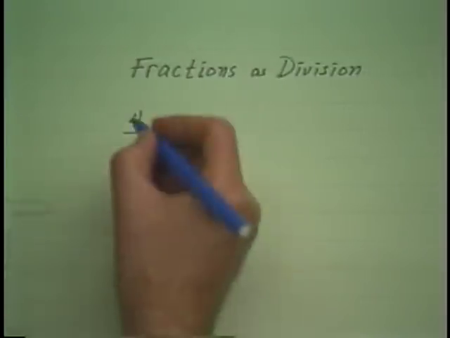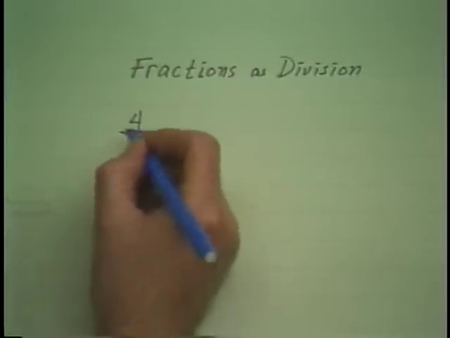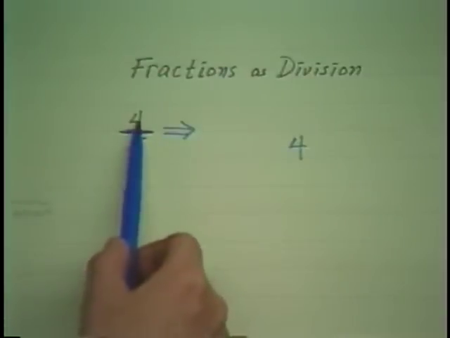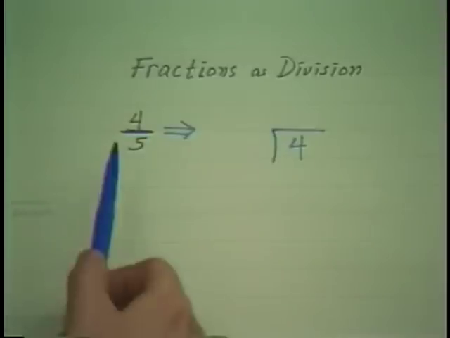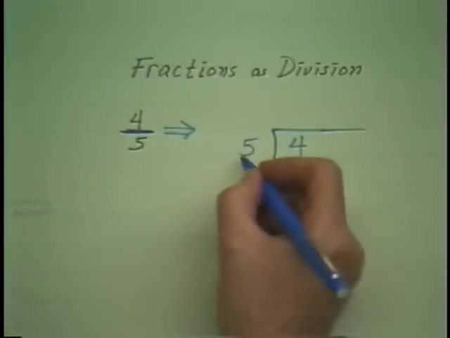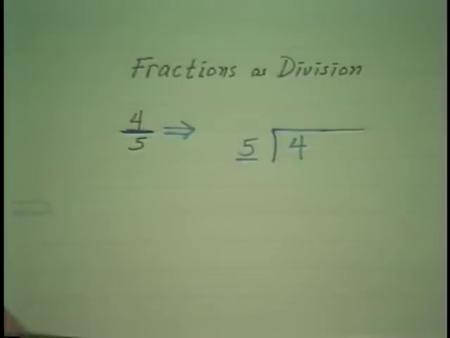Let's also remind ourselves that fractions are divisions. This fraction bar is another way of saying divide. This reads 4 divided by 5. Now note, in this case we are dividing by a whole number.